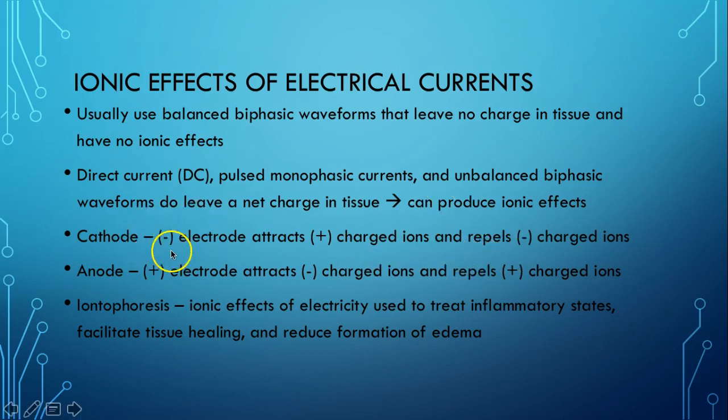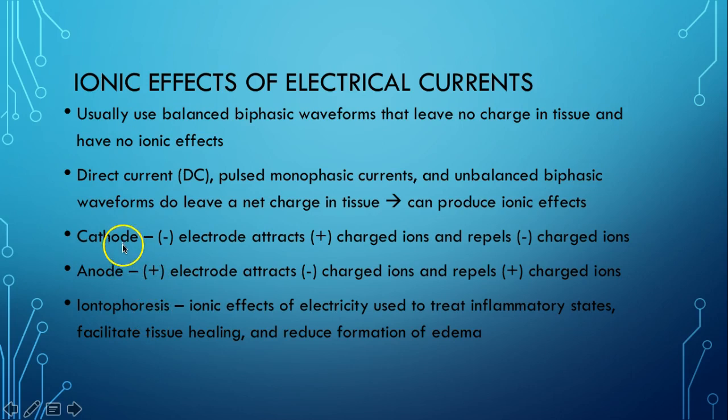A cathode is the negative electrode; it attracts positively charged ions and repels negatively charged ions. An anode is the positive electrode; it attracts negatively charged ions and repels positively charged ions. So basically a cathode is a negative electrode and it will repel negative ions, and an anode is a positive electrode and it's going to repel positively charged ions.